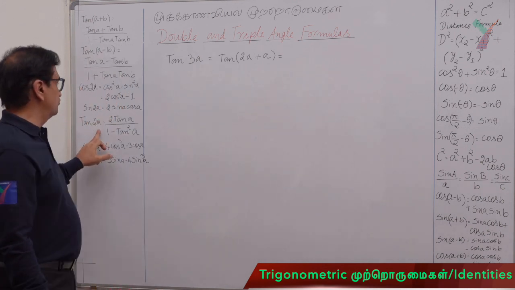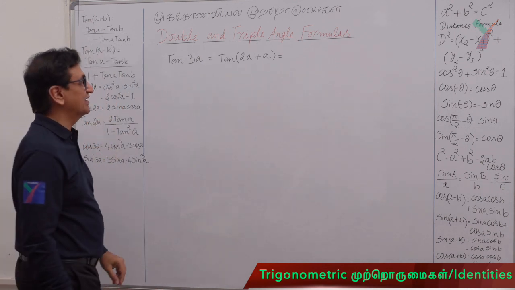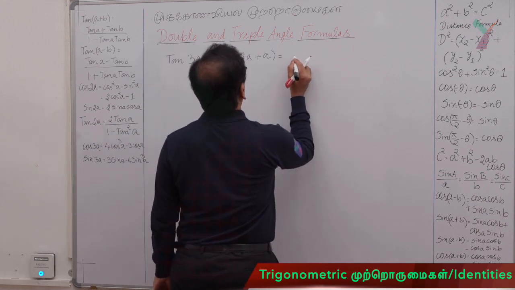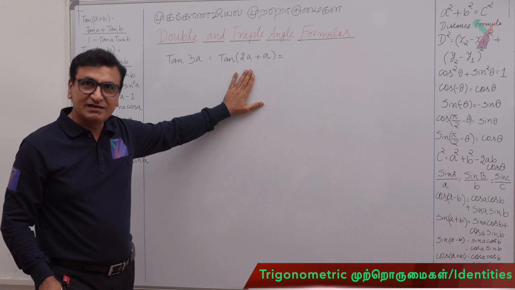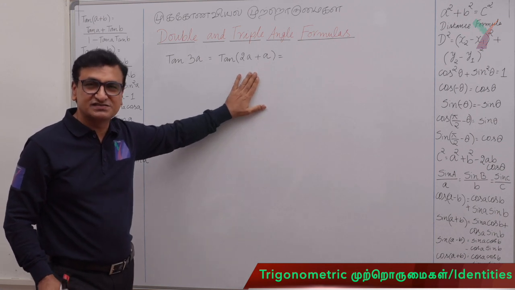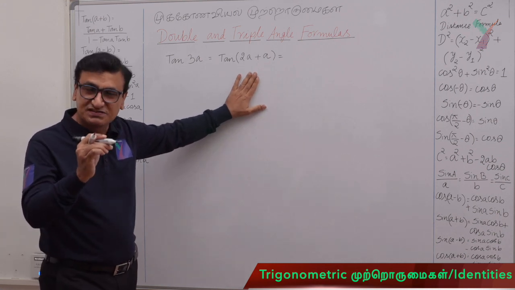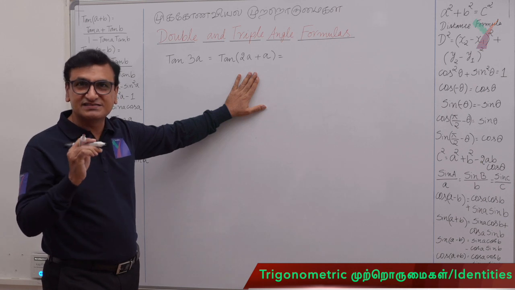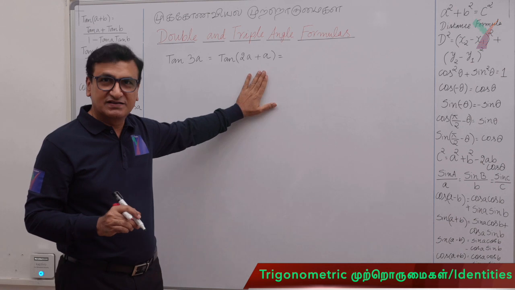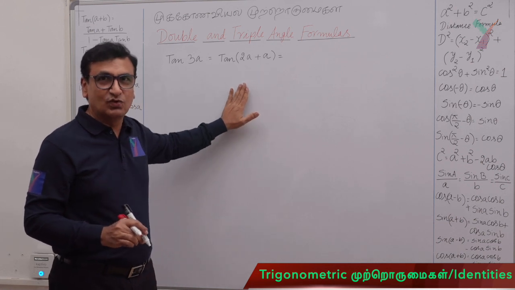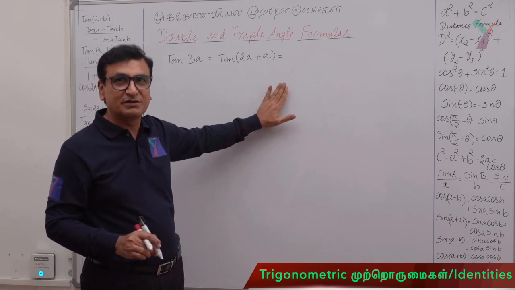Tan 2A is 2 tan A divided by 1 minus tan square A. See, this is of the form tan A plus B. So tan A plus B is tan A plus tan B divided by 1 minus tan A tan B. So this will be tan 2A plus tan A divided by 1 minus tan 2A multiplied by tan A.